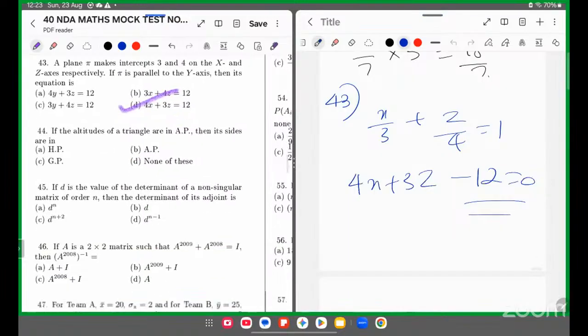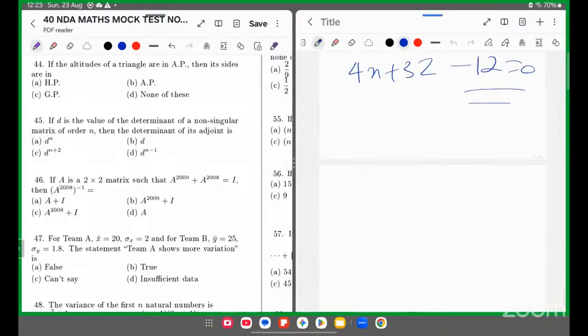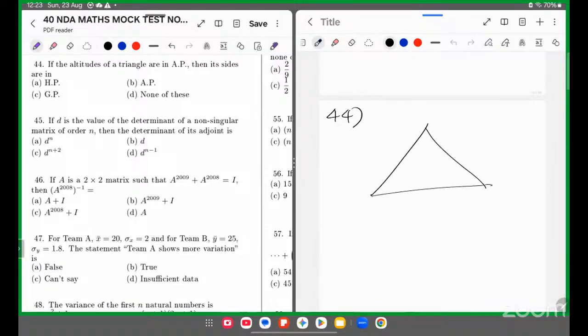Question number 44. If the altitudes of a triangle are in AP, then its sides are in? How to do this one? For example, if you consider a triangle, this is A, this is B, this is C. This is an altitude, this is an altitude, this is also an altitude.